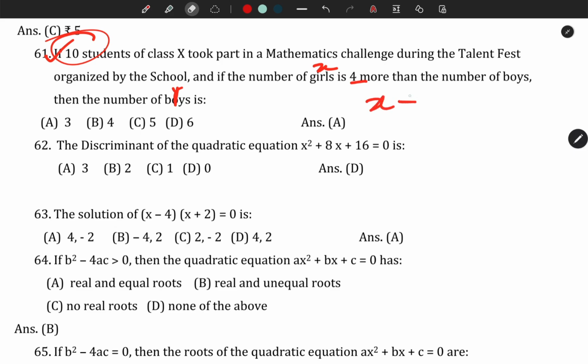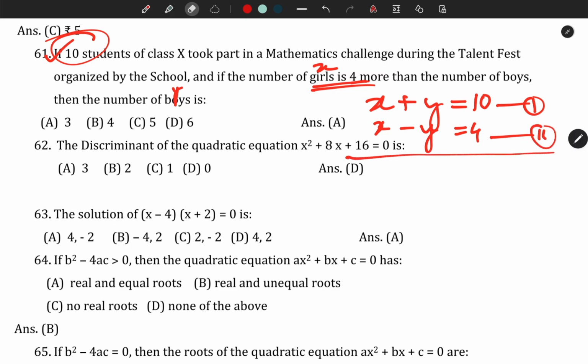So number of girls plus number of boys, the total number of students, is 10. That will be equation 1. And since the number of girls is 4 more than the number of boys, the number of girls minus the number of boys should be equal to 4.